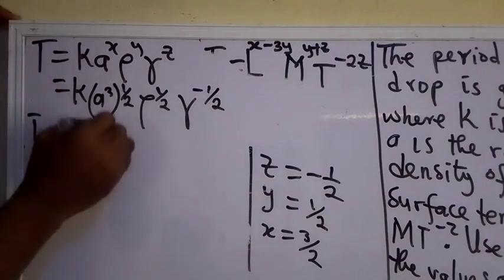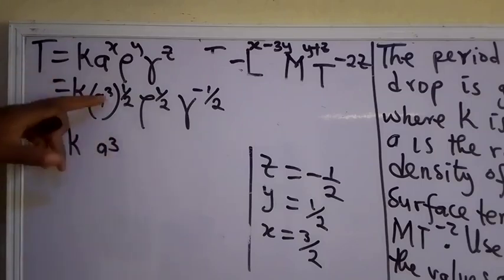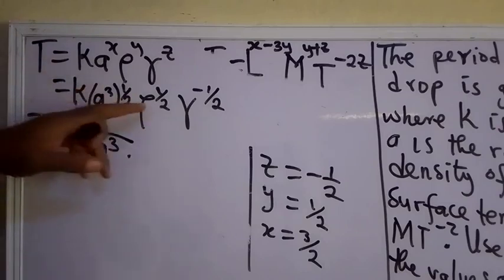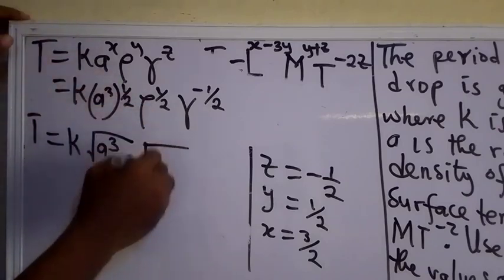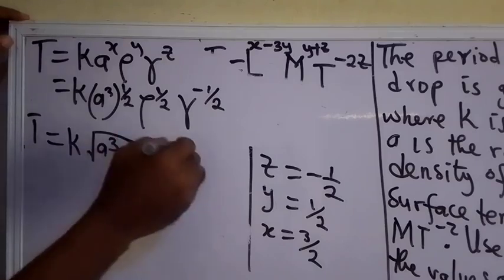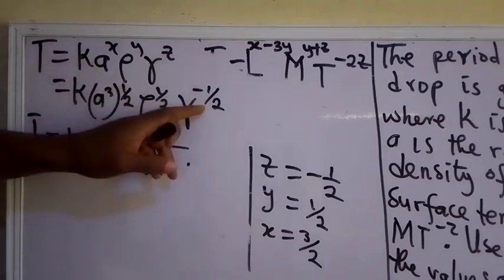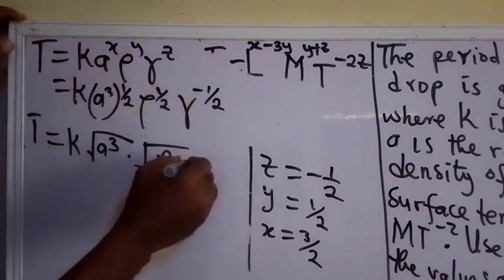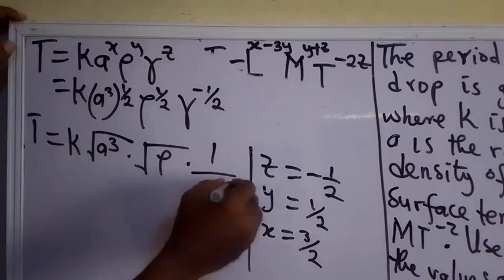This is actually the same as this. A raised to power 3 over 2. Any number raised to power half means square root. So times square root of rho, times 1 over square root of tau.